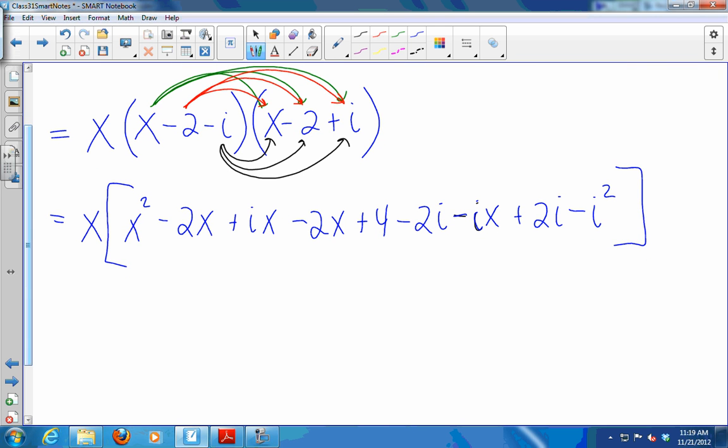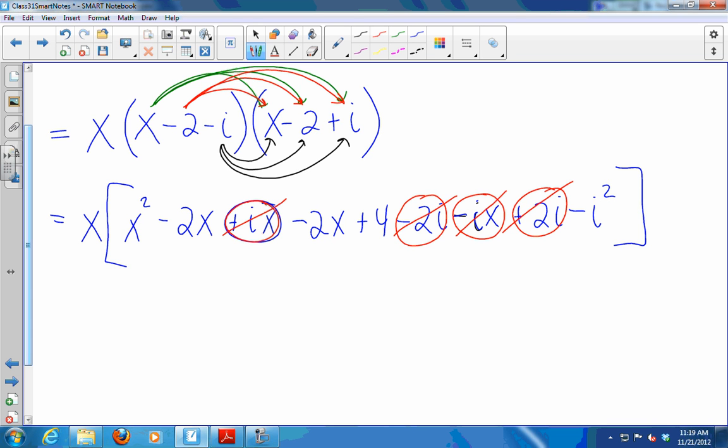All right, so now I'm just going to try to simplify what's in that square brackets there. A lot of stuff is going to nicely cancel. I have a positive ix and a negative ix, so those go away. I have a minus 2i and a plus 2i, so those go away.